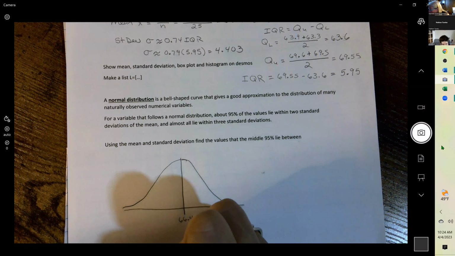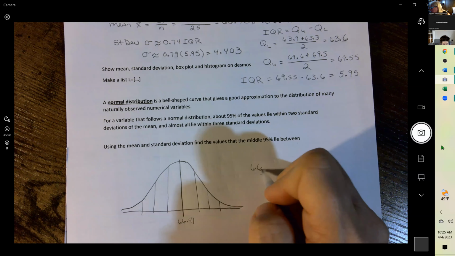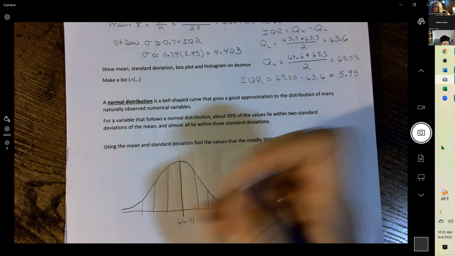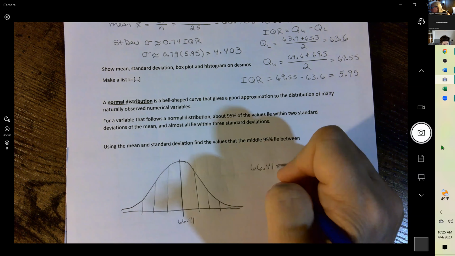But for this section, they're only showing you that 95% of the values land between two standard deviations. So 95% of the heights will be between two values. To find those two values, you take your mean, you subtract two standard deviations.